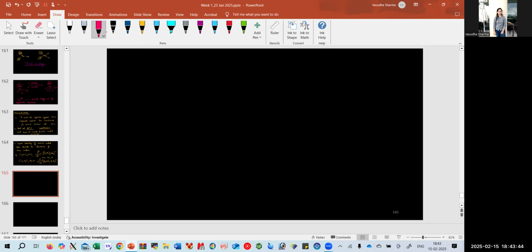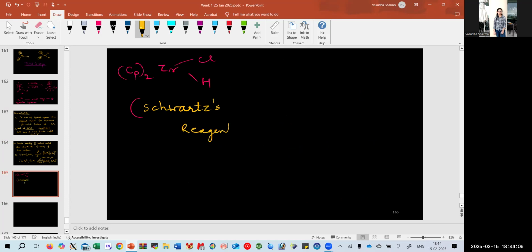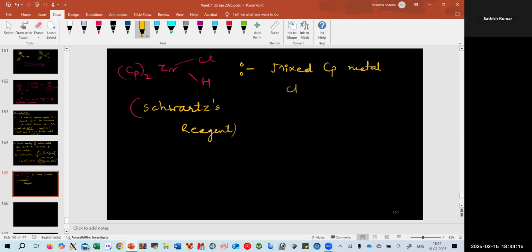So we have one Cp2 zirconium complex, which is Cl and H. This is known as Schwartz reagent. This is a mixed Cp metal chloride and hydride complex.